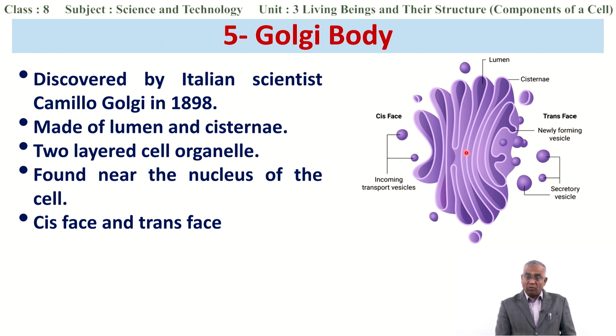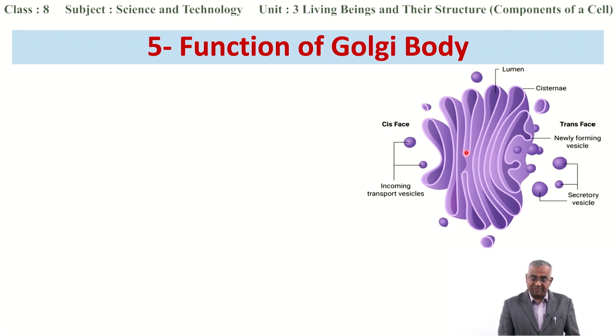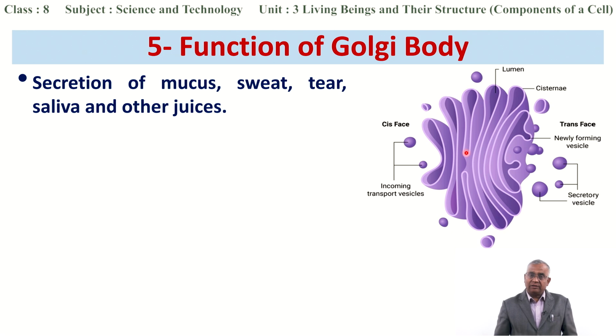Okay. So what are the functions of Golgi bodies? The first function is that they are concerned with secretion of mucus. You know mucus? Mucus is found at the inner lining of our stomach. Mucus sometimes blows from the nose also, the thick fluid. Such structures are found on the inner surface of our alimentary canal, which protects the canal from the effect of digestive juices.